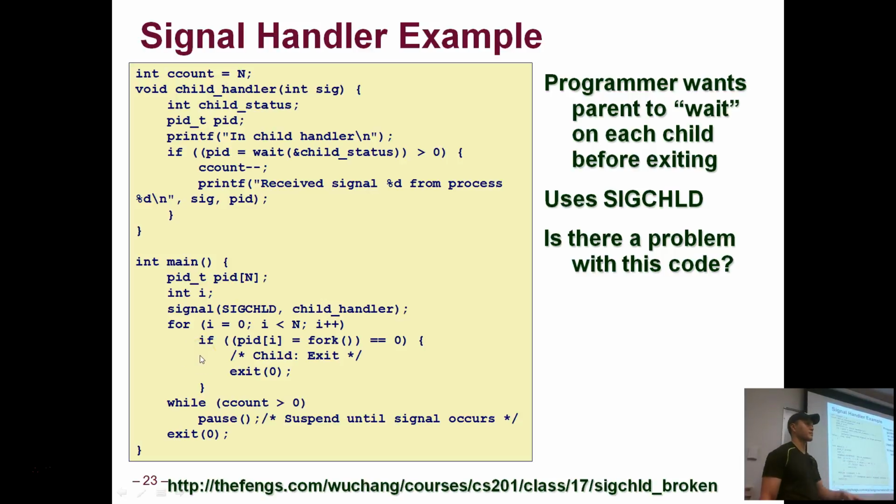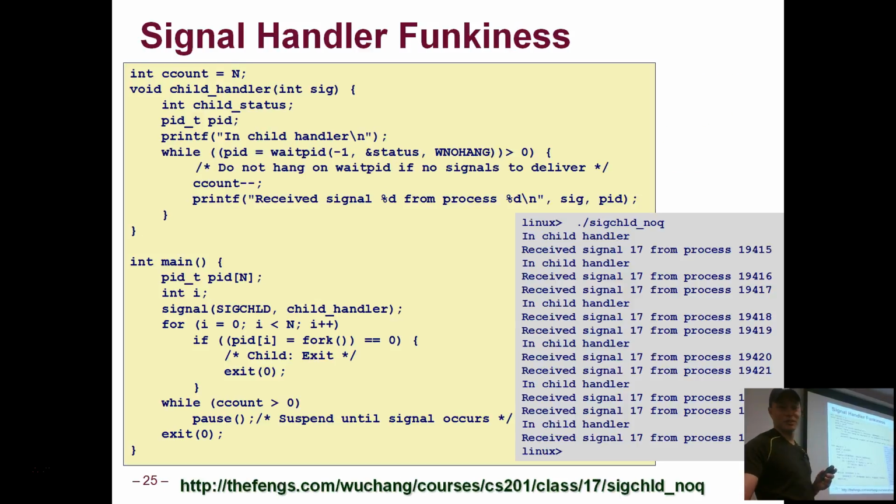So what's the solution? How would you fix it? Throwing in an extra wait inside of the while seems unnecessary, but wait has a mode where you can do it non-blocking.